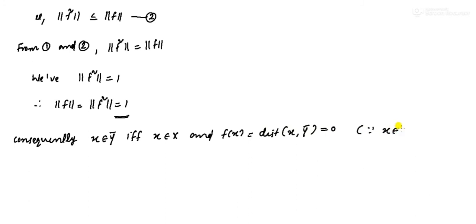This is whenever f is an element of X star and f restricted to Y equal to 0. This is the proof of B part.